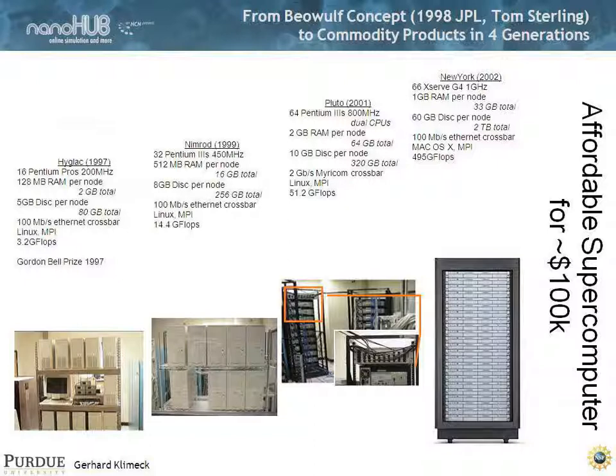So within a few years, that's what I really want to show, this has developed into commercial products within 5 years from concept, let's try this, hook PCs together, whether we can run parallel code on it, to something that you can buy, where you have 66 of these machines with a gig of RAM connected by 100 base T for around $100,000. That meant supercomputers for people with problems to solve under their control.